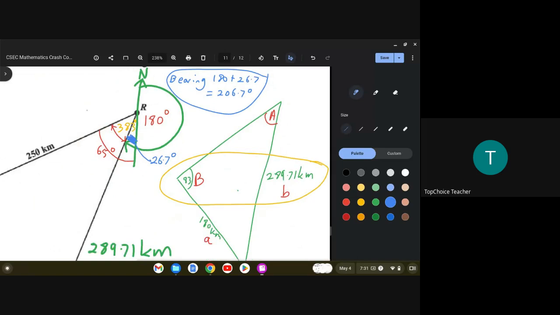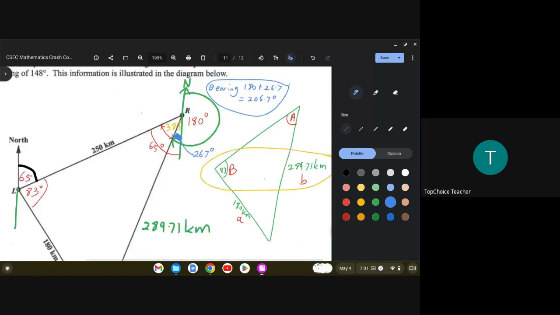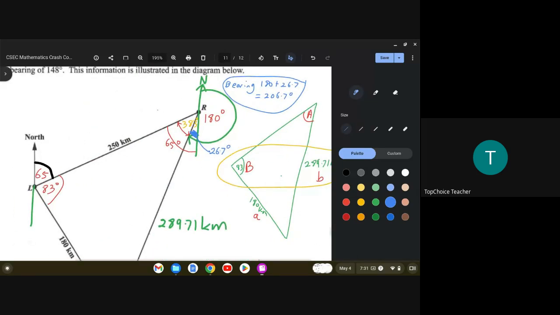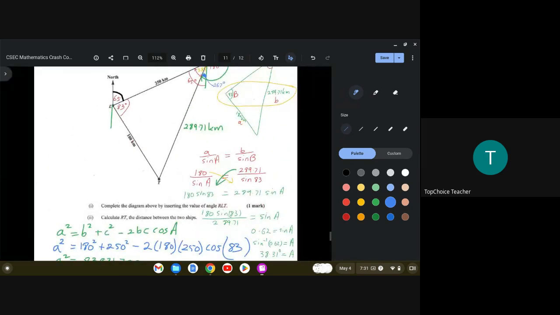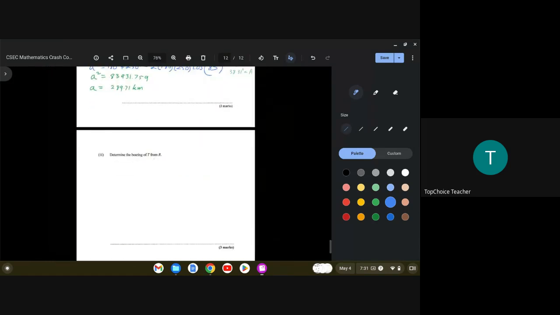All of that working just to get that bearing. You see how much technique you needed to use in this particular question? If you know you're skilled with your mathematics, do these last few questions first, guys, before you tire yourself out with the first questions. That's the answer for this one.